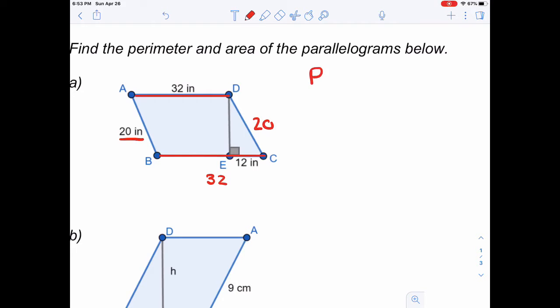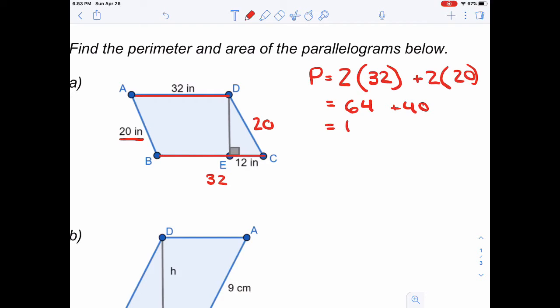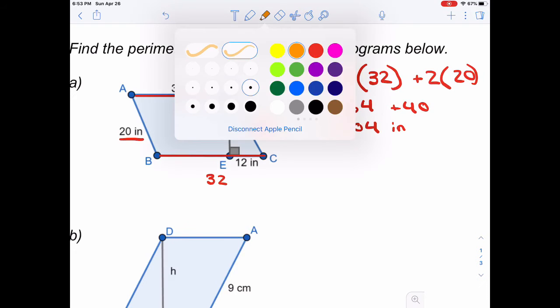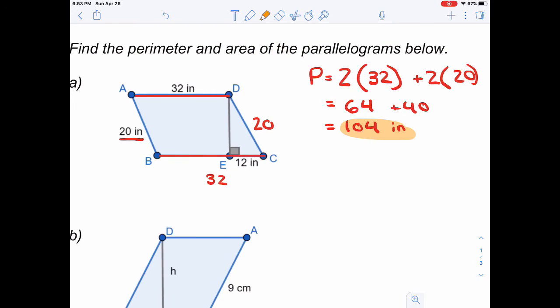So for our perimeter, that's going to be super simple. We just got to add those all up. We have two side lengths of 32, and we have two side lengths of 20. So if we simplify that out, we get 64 plus 40, which is 104 inches. And again, make sure you actually have your units, the inches.